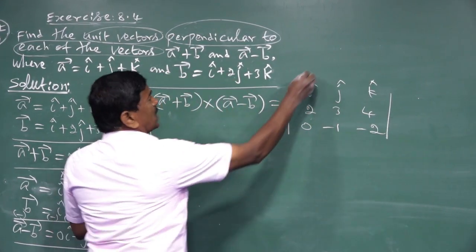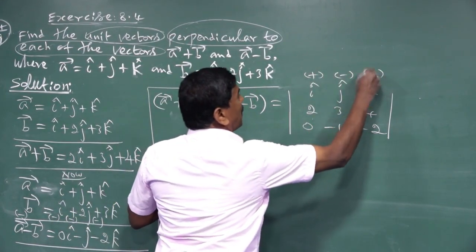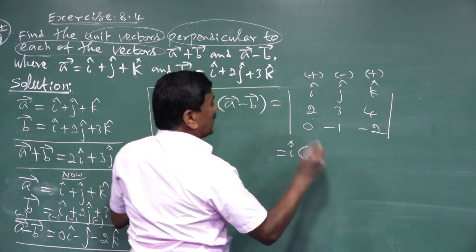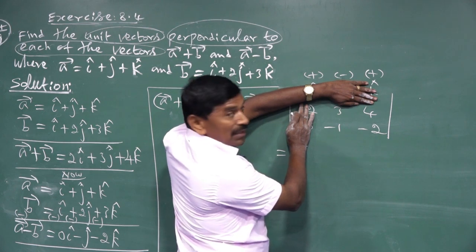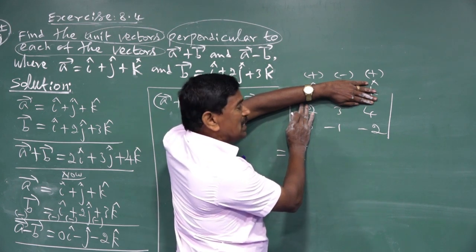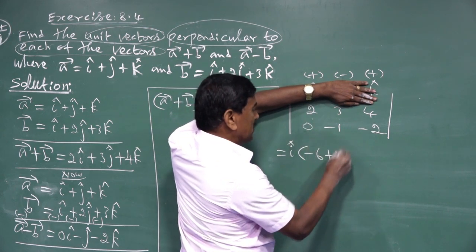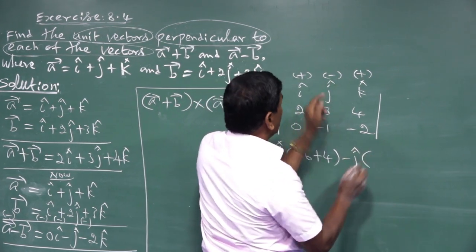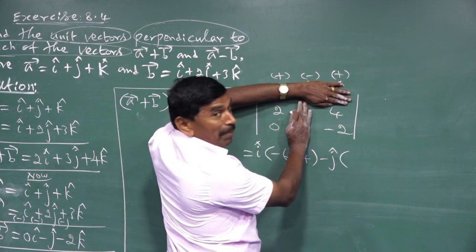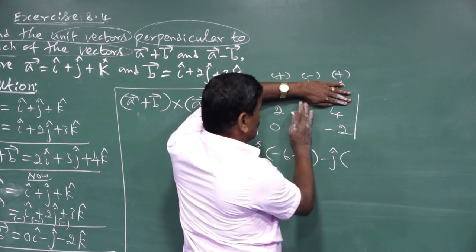Yes. Now as usual, plus, minus, plus, which is equal to plus I cap into, forget its respective row and column, we get minus 6 plus 4. Minus j cap into, forget row and column, minus 4, minus 0.